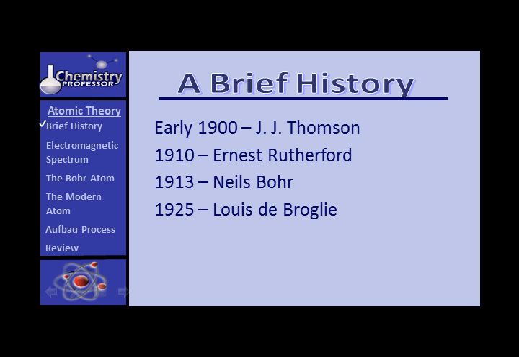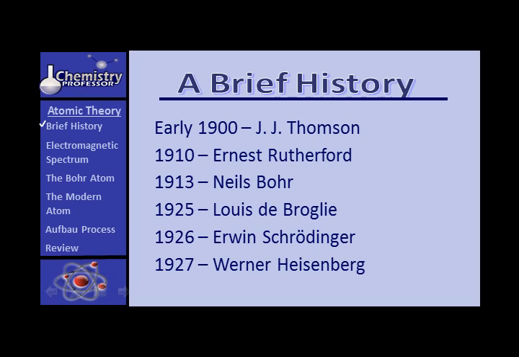Then in 1925, that was the work of Louis de Broglie. In 1926, Erwin Schrödinger's work, and in 1927, Werner Heisenberg. All of this occurred in a narrow band of time, about 26 years, and it was a very, very important period in the whole idea of atomic theory.